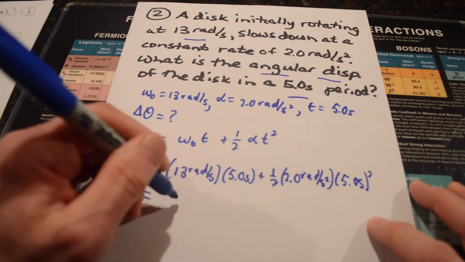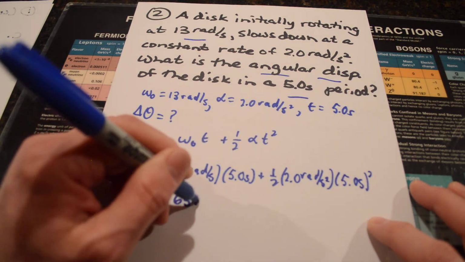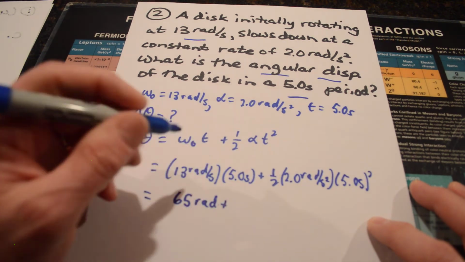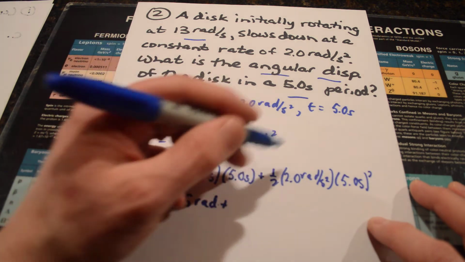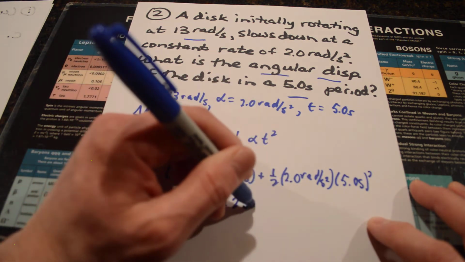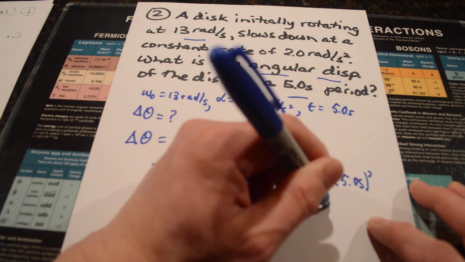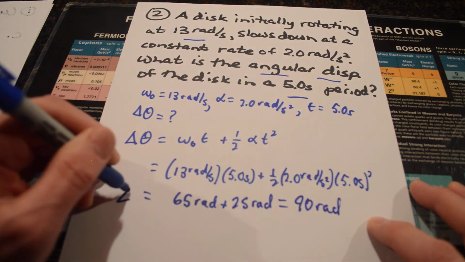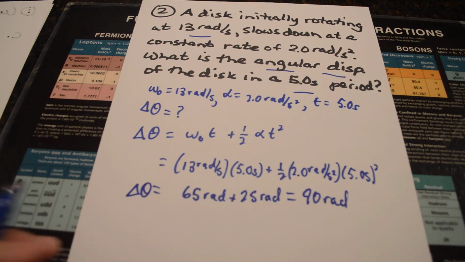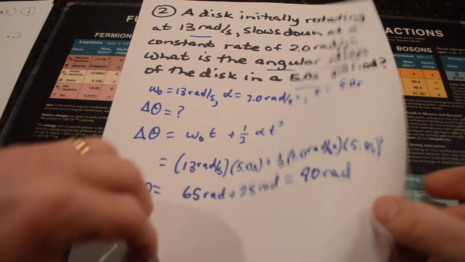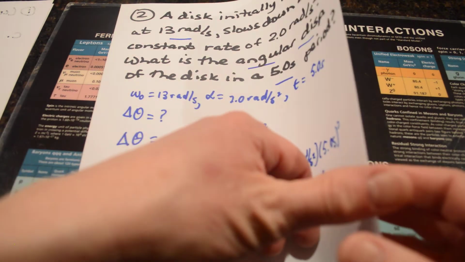Okay, 13 times 5, I think that's 65 radians. And this is 1/2, those cancel, and 2, 5 squared is 25. Wouldn't it be correct to say then your total angular displacement in radians is 90 radians? Sounds pretty reasonable. Okay, on to the next question.